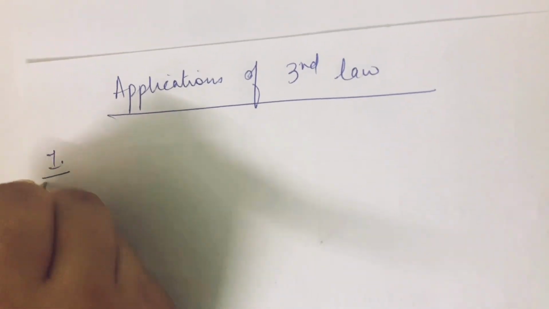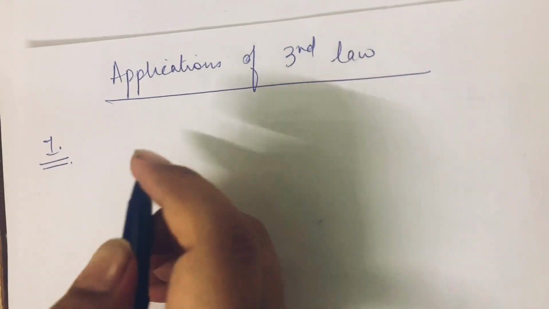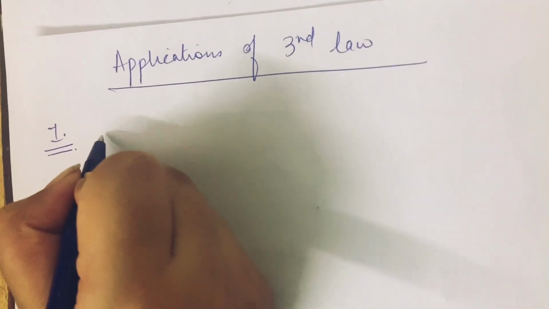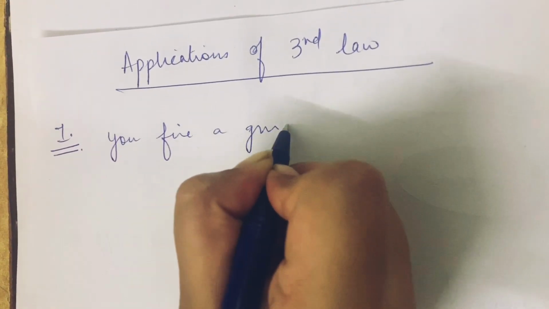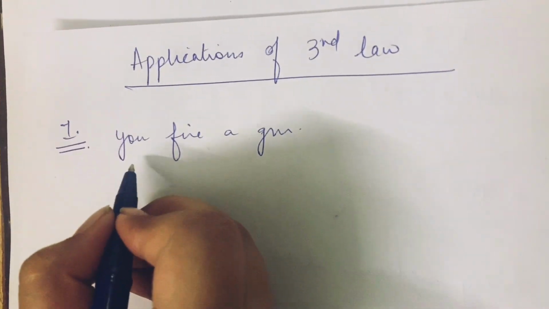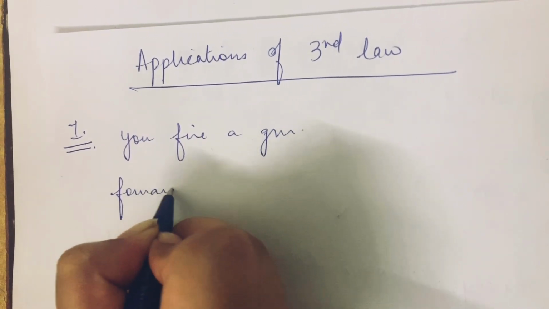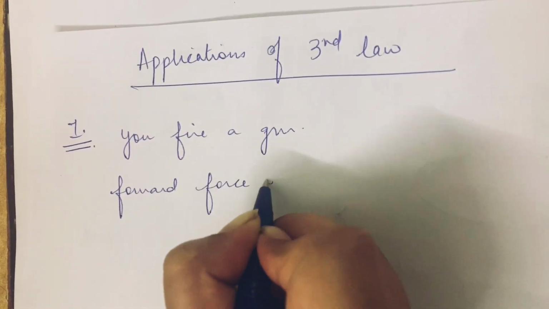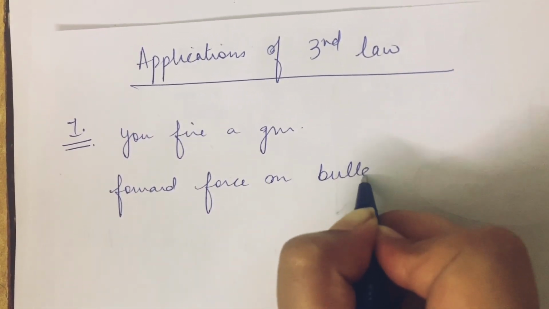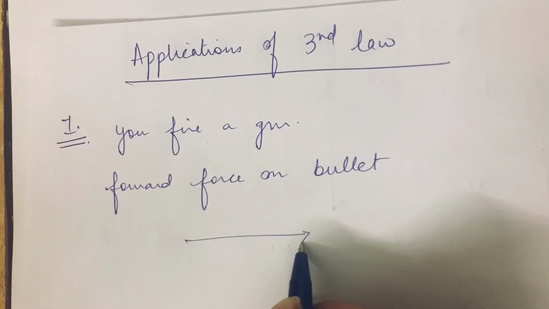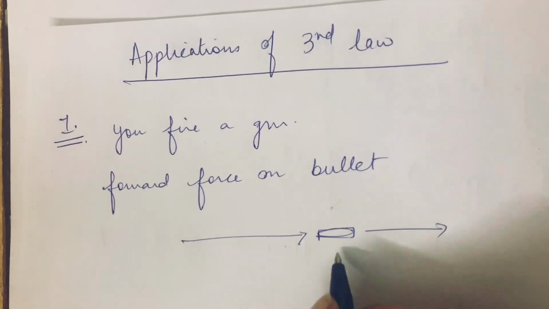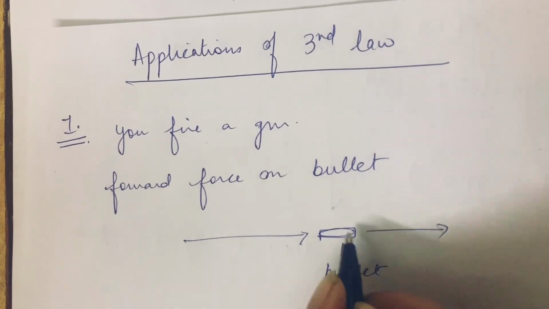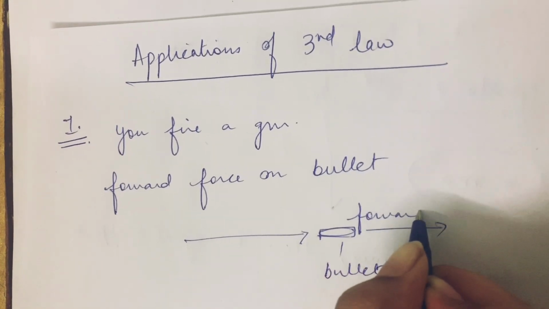First example, which is very important: suppose you fire a gun, right? What will happen? It will exert a forward force on the bullet. When you fire a gun, the bullet will come in the forward direction.